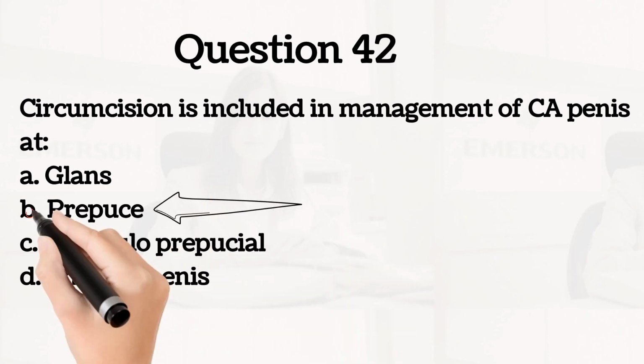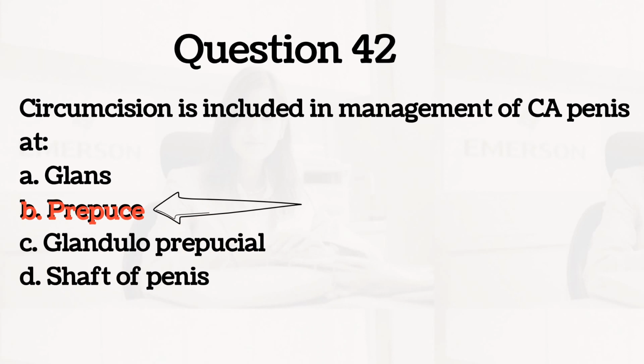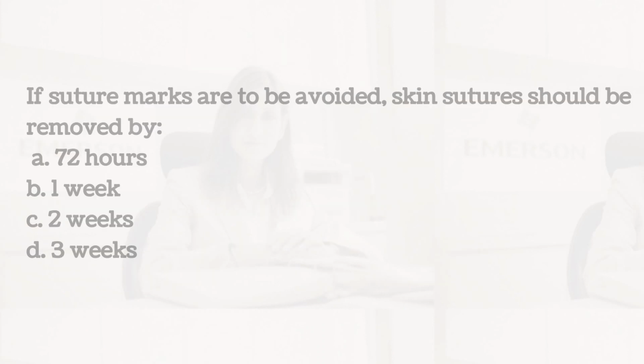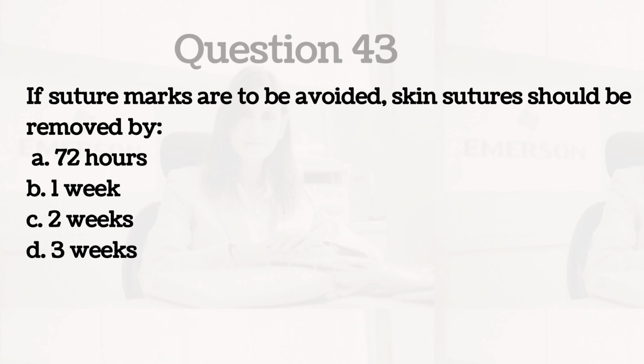Then we can move on to the next question, which is question 43. It's saying if suture marks are to be avoided, skin sutures should be removed by A, 72 hours, B, 1 week, C, 2 weeks, D, 3 weeks.